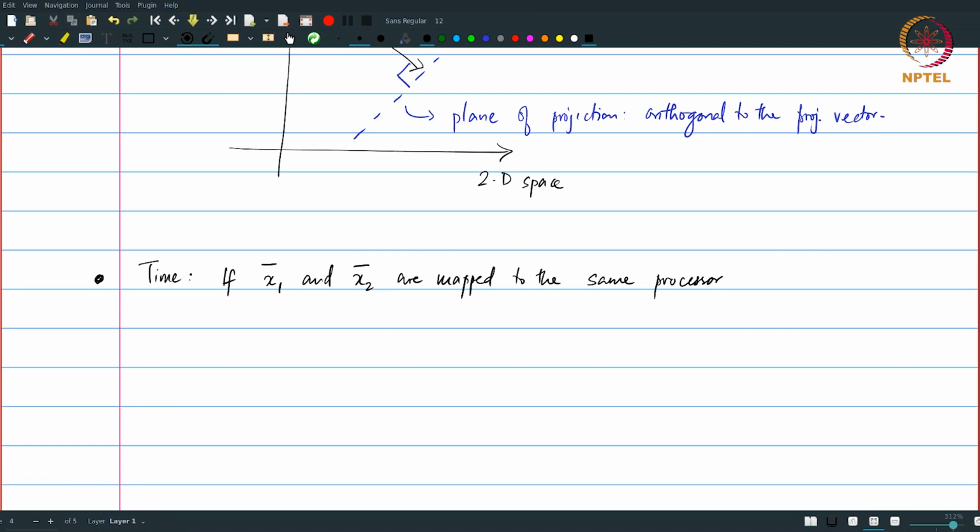They cannot possibly be scheduled at exactly the same time. In other words, S transpose x1 cannot be equal to S transpose x2. Or rewriting this, S transpose x1 minus x2 is not equal to 0. Or another way of writing this would be S transpose D is not equal to 0.